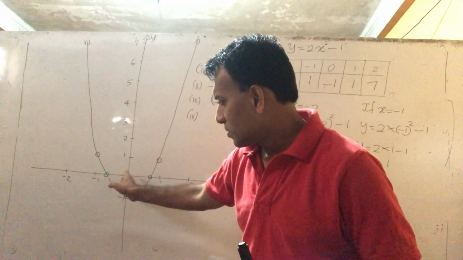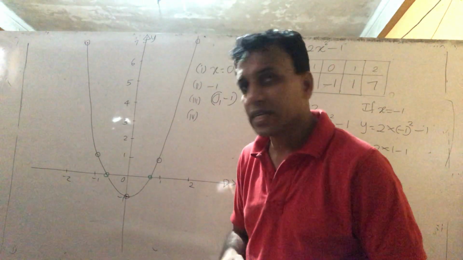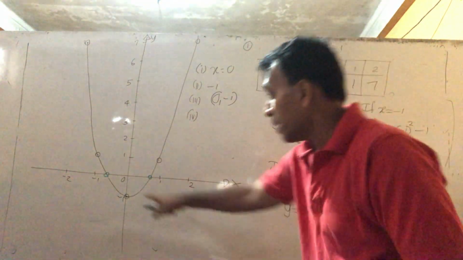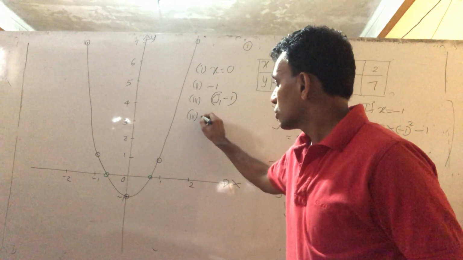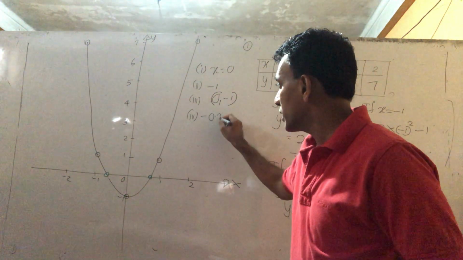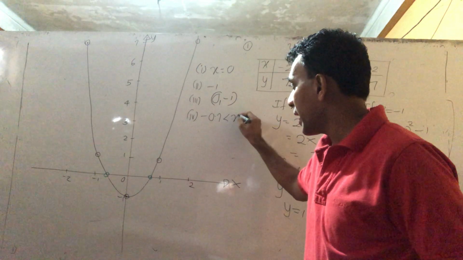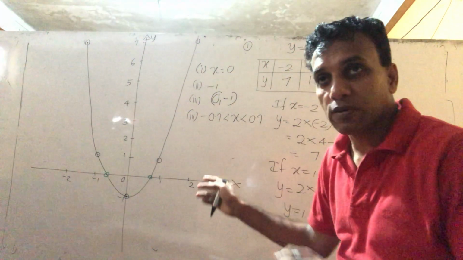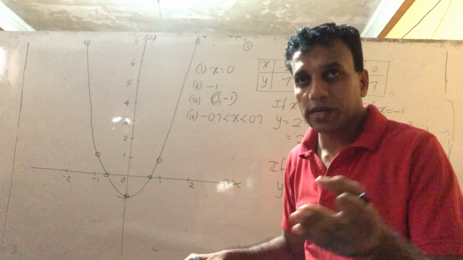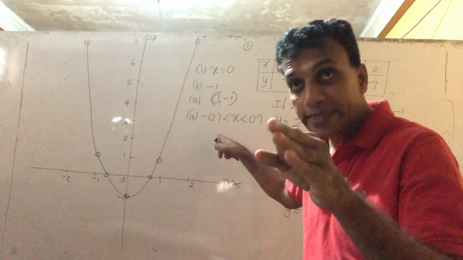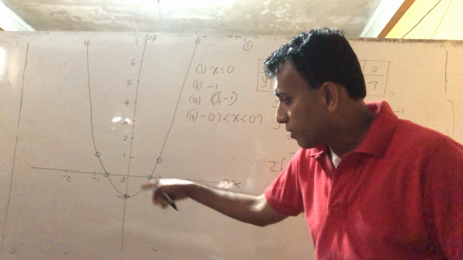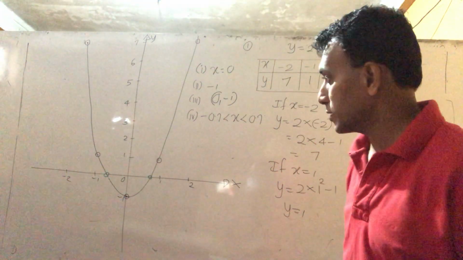Say negative 0.7, for example; the same answer comes on this side also. So -0.7 less than x less than plus 0.7. Or if you get 0.5 or whatever, you write your own answer from the graph sheet between these 2. That is the range of x where the graph is negative.